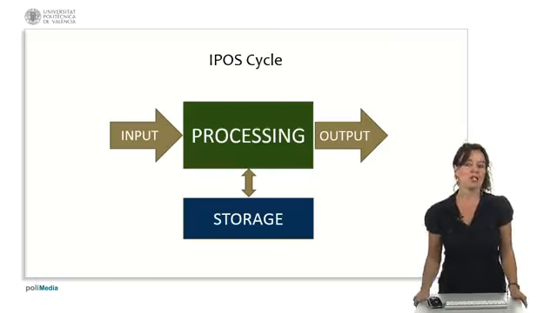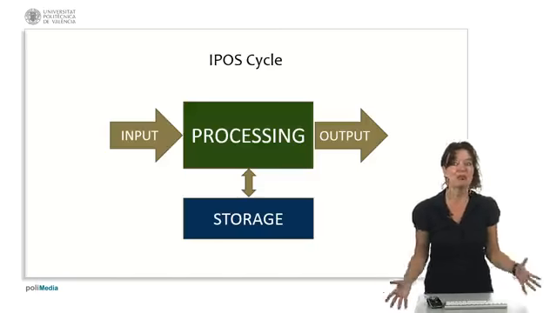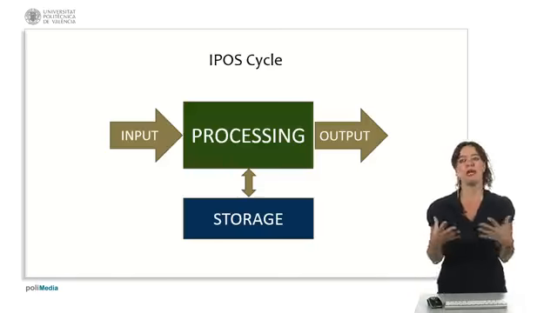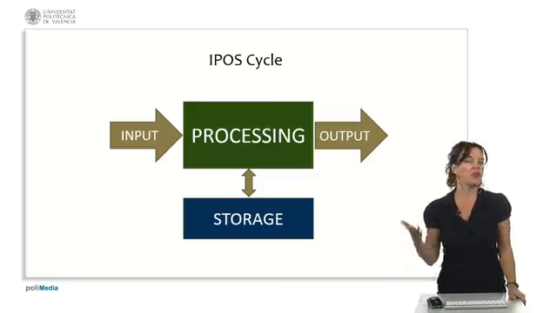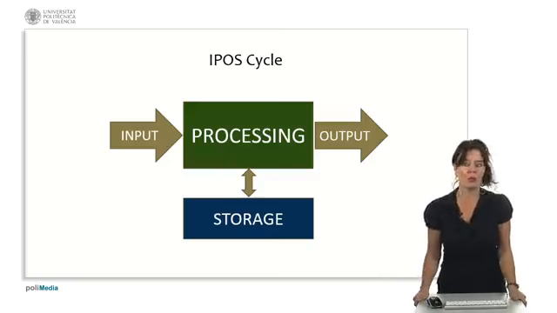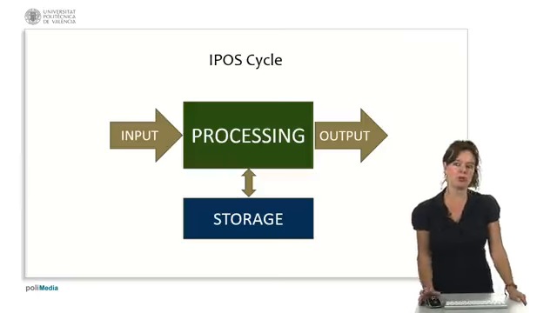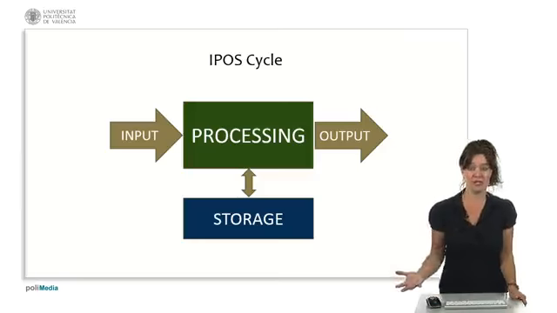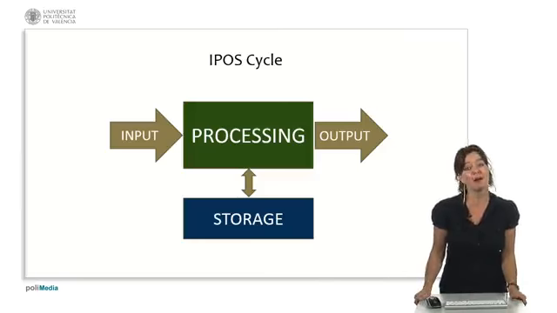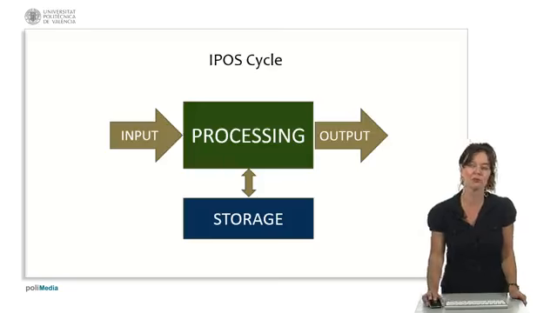For this, the computer has specific hardware known as input devices that you use to input data into the system. Think, for example, of a keyboard or a scanner. When this input is there, the computer performs some operation on this data, which is the processing. This is done by the Central Processing Unit, or the CPU.